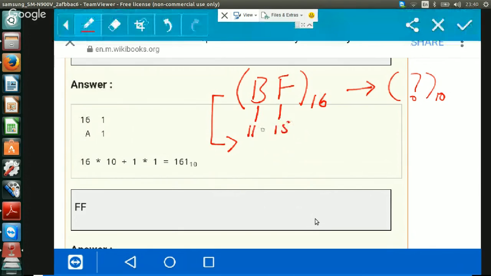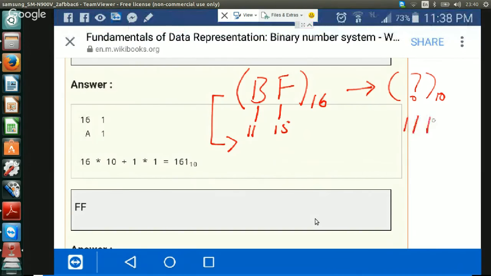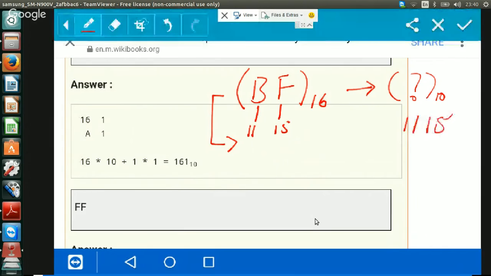You can look into the table above. Don't get confused. This 11 15 is not the answer. Some students may make the mistake of thinking, okay, we have converted the number, this is the answer. No, this is not the answer. This is not the decimal equivalent of the hexadecimal number. So be careful. Okay. So 11 and 15.